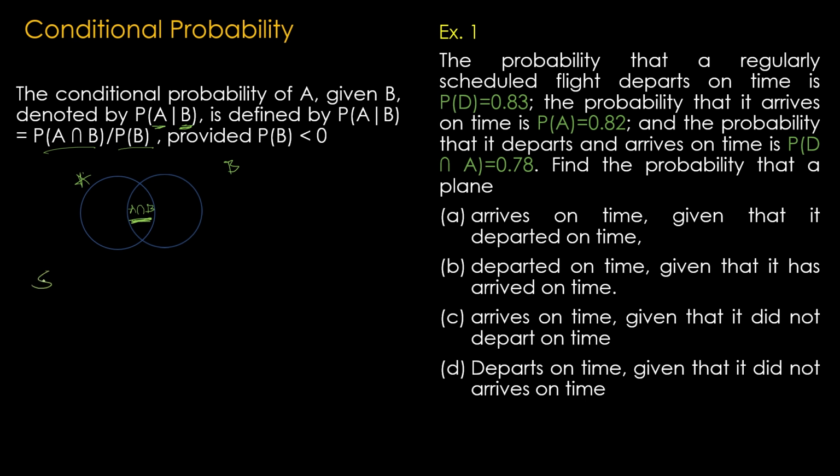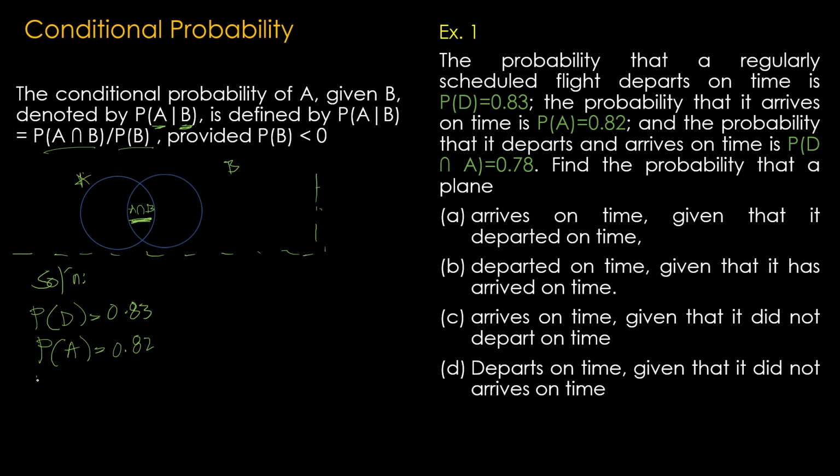So, let's try to solve the problem. Sige. The probability of D, or the flight departs on time, is 0.83. And the probability that it arrives on time is 0.82.